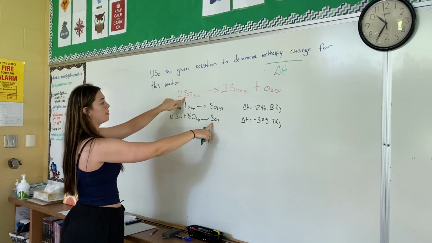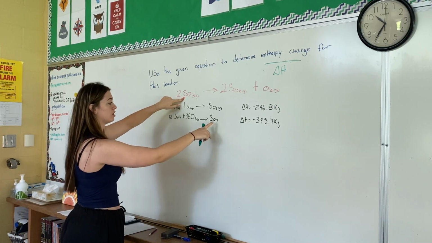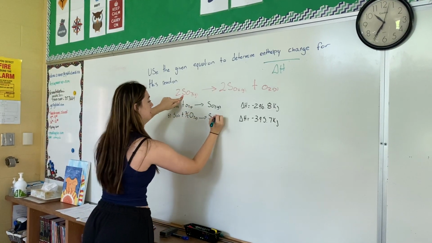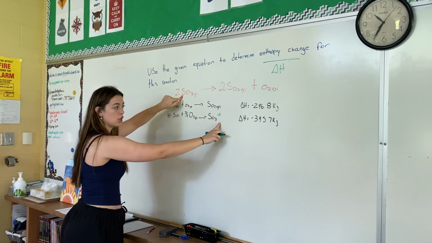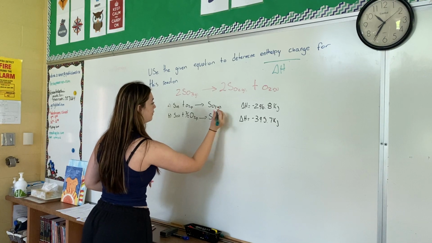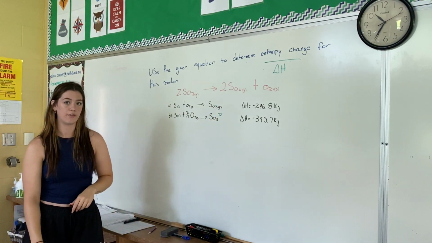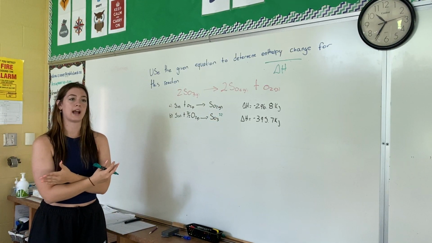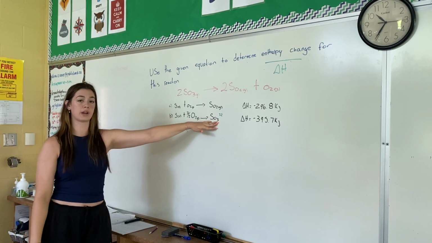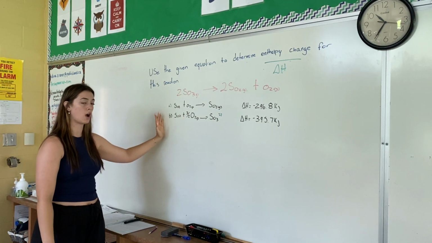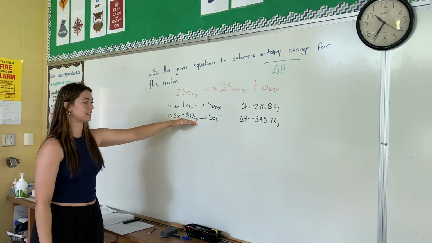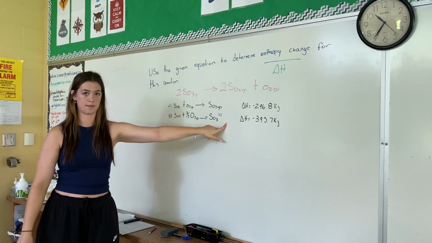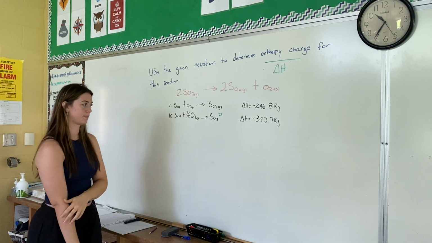These are on opposite sides of the equation, so we're going to not only times this whole reaction by 2, we're going to times it by -2. When we times it by a negative, that will reverse the reaction, so this SO3 is now going to be on the reactant side, and all of this is now going to be on the product side. So we're going to switch them.